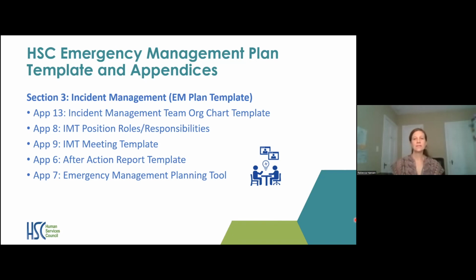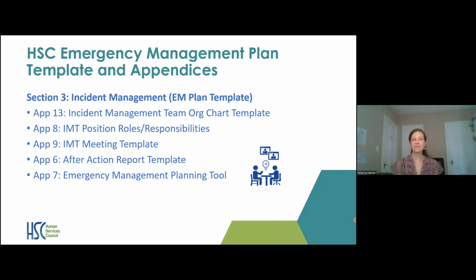Appendix 8 gives you some ideas for each of those positions, some of the roles and responsibilities that might make sense for your organization to adapt and adopt. Appendix 9, the IMT meeting template, is what we went over to help you in the emergency management phase to keep track of what's most important and to focus in on what your goals are.